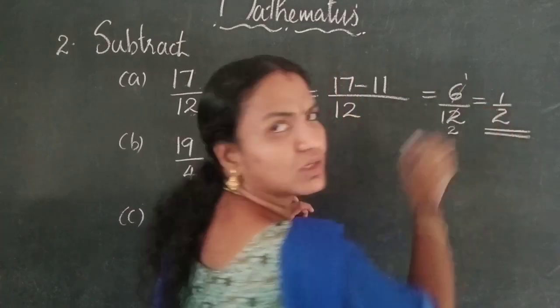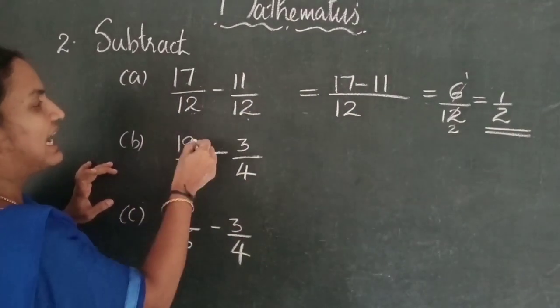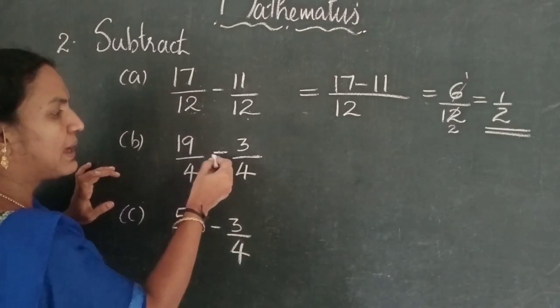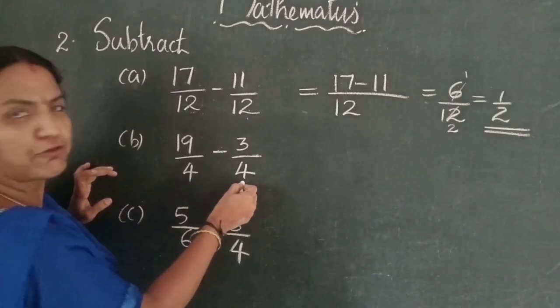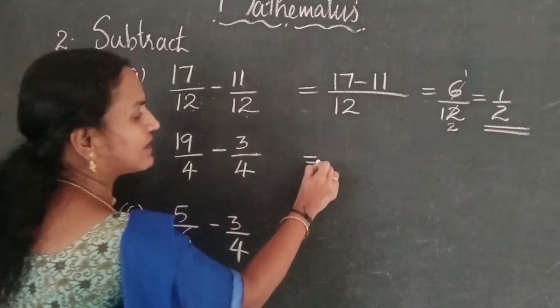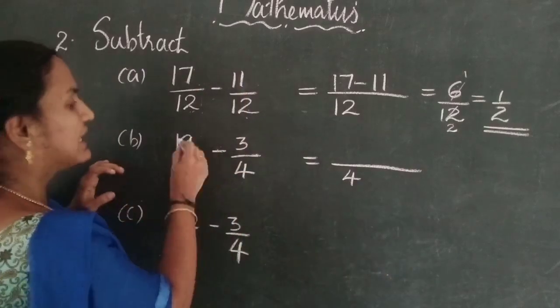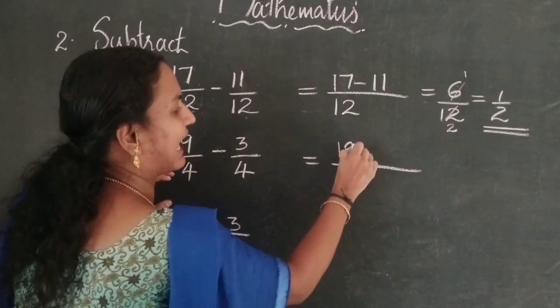The second question, option B, 19 by 4 minus 3 by 4. Here same denominator, so like fractions. The common denominator is 4. Here the numerators are 19 and 3.